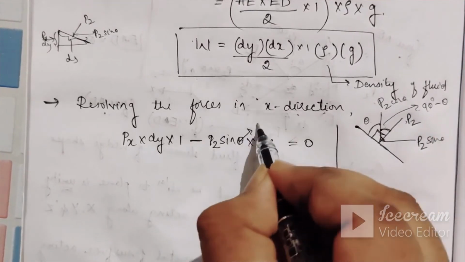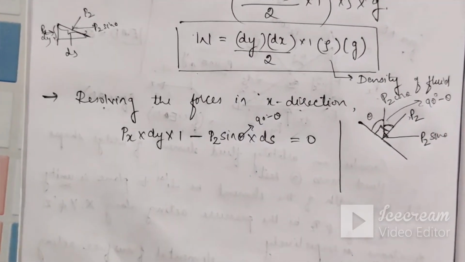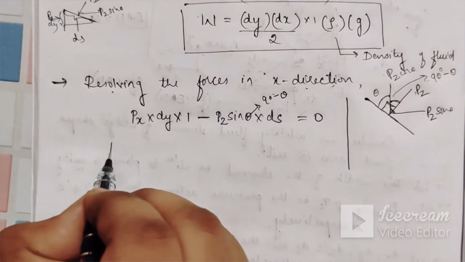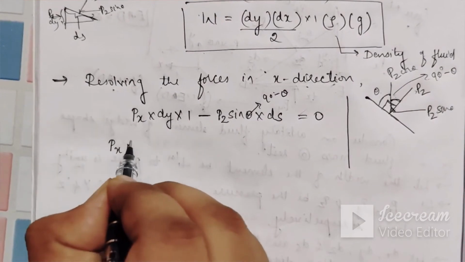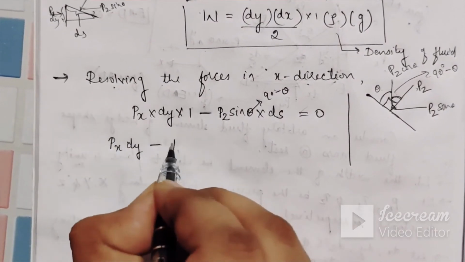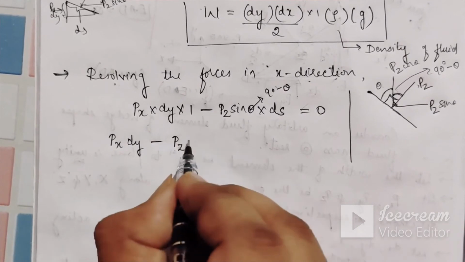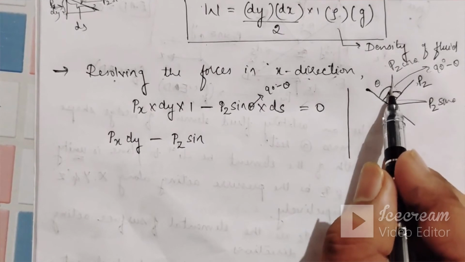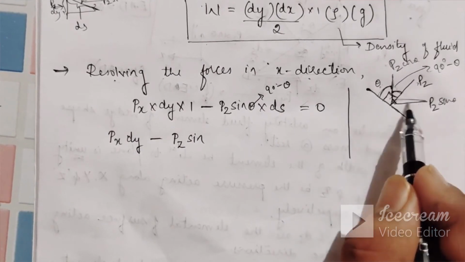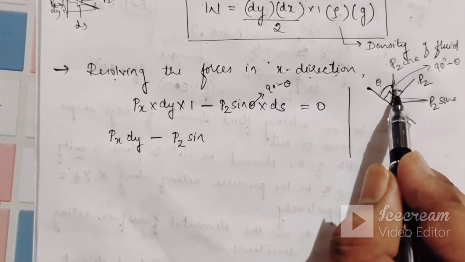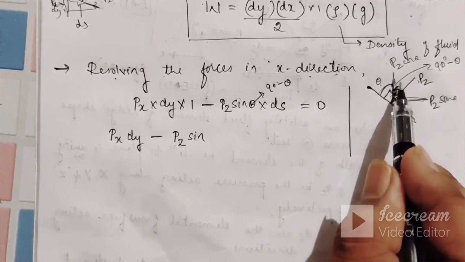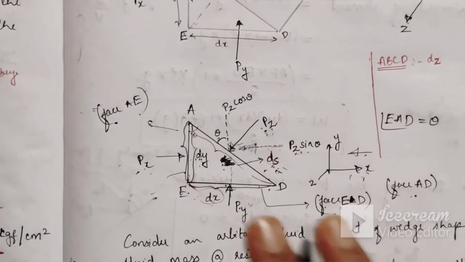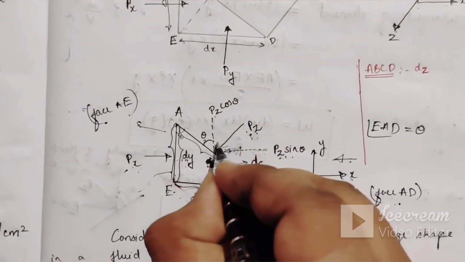I'll show you in two ways. Px into dy minus pz, because theta is an exterior angle here for this right angle, and we want the theta in this way because it is the cos term, so 90 minus theta. I'll write it here so that you will not get confused.